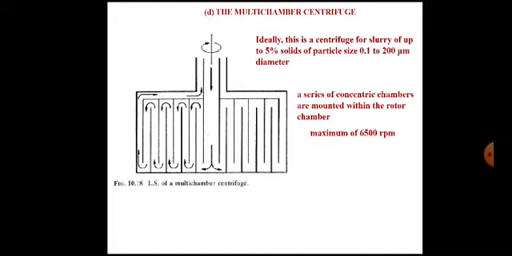When it rotates, the black arrows show the movement of liquid. While the centrifuge is under operation, the liquid takes a circuitous route, which means a circular route, shown by the black arrows.